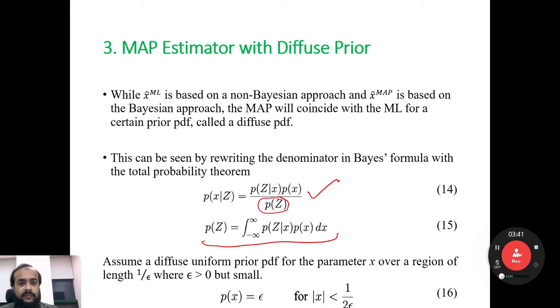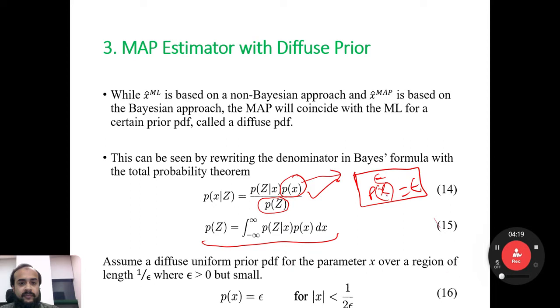So we assume that P of X is over a certain region of epsilon. We will just assume that P of X is equal to epsilon, a uniform prior PDF for a parameter X over a region.